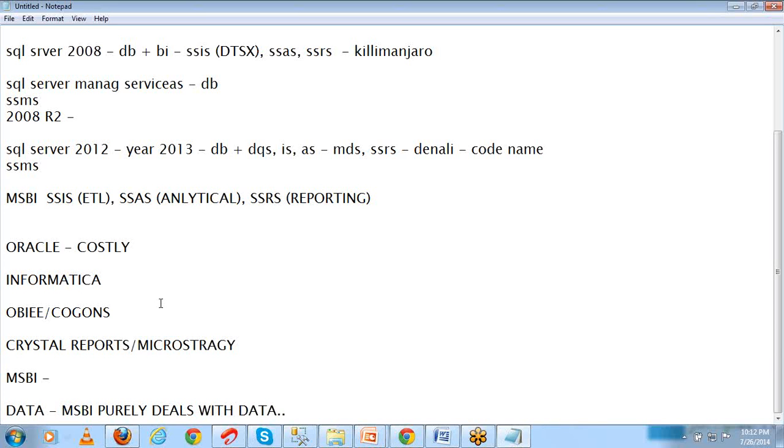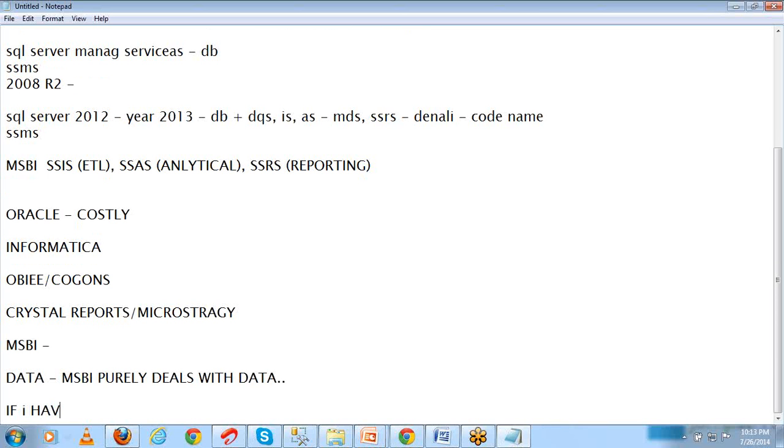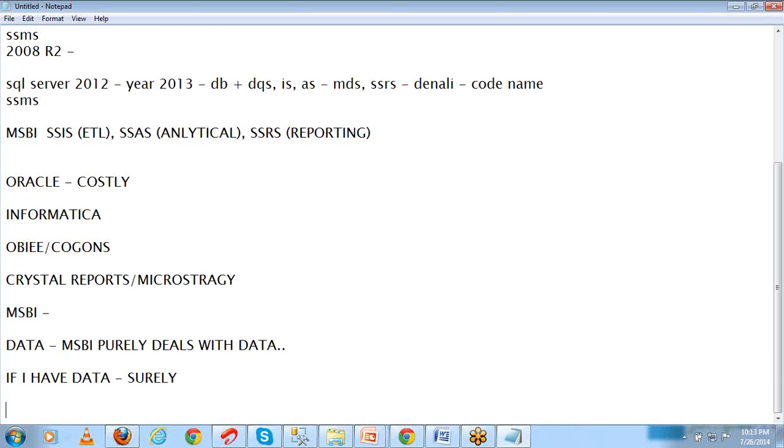Then I'll show you how to score good marks, and whatever about certification I'll tell you. If I have data, can I use MSBI? Yes, for sure you can use. We'll see an example where we can fit this MSBI.